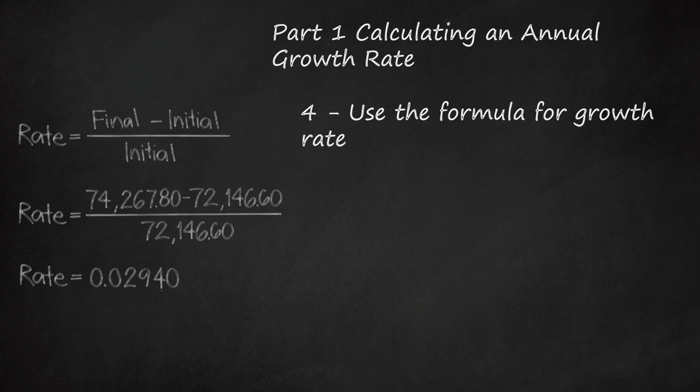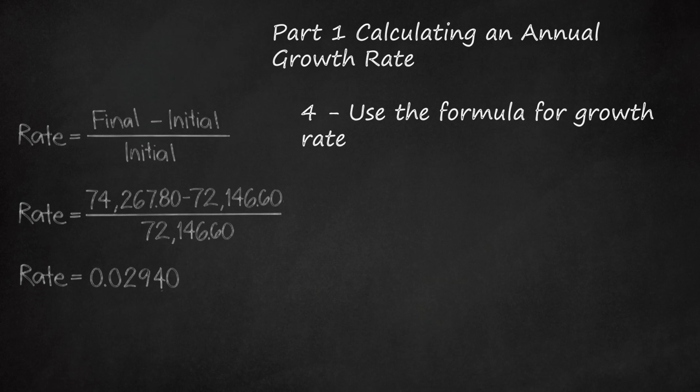For the example of calculating the annual growth rate from 2015 to 2016, insert the figures as follows. Rate equals final GDP minus initial GDP, divided by initial GDP.